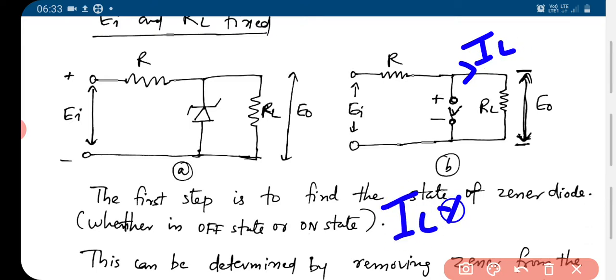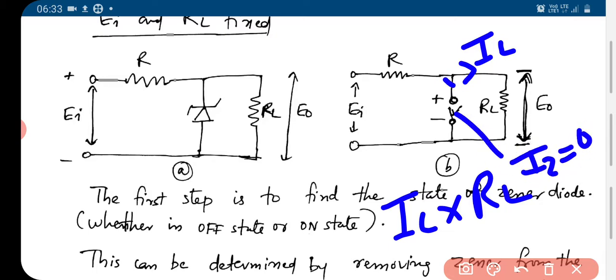So what will be IL? Since IZ is 0, the current through the Zener is 0, IL will be equal to I.